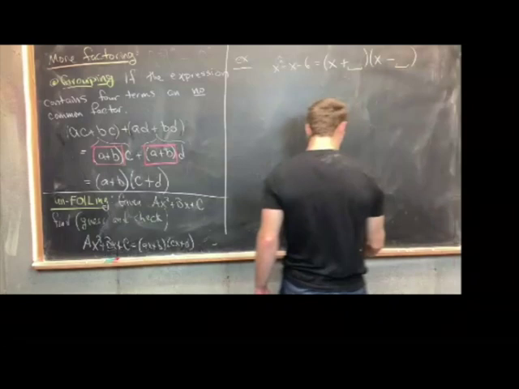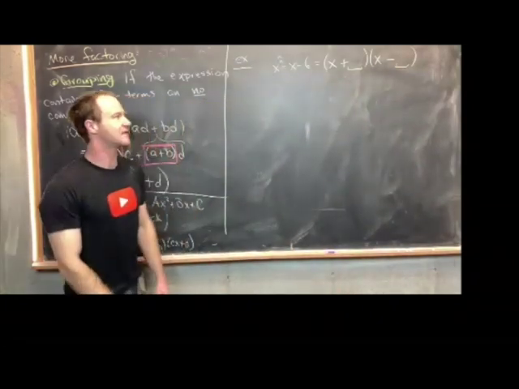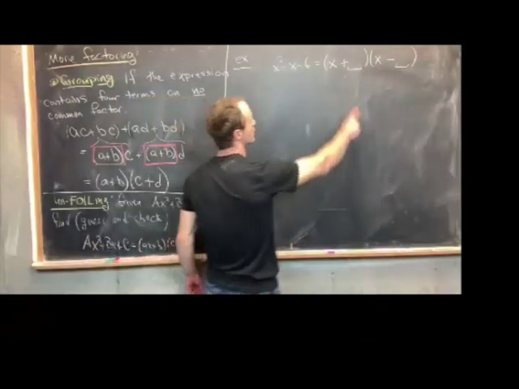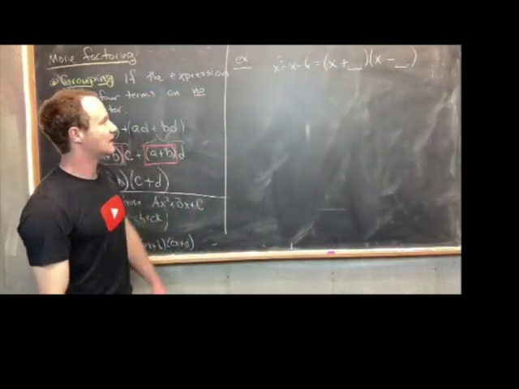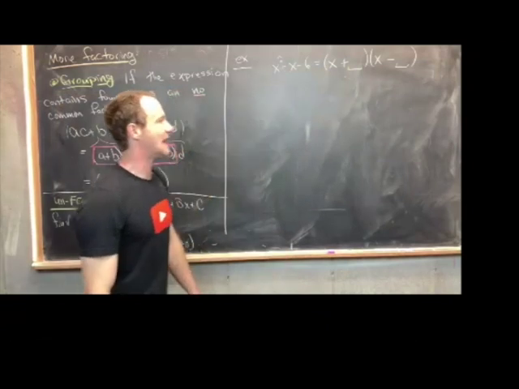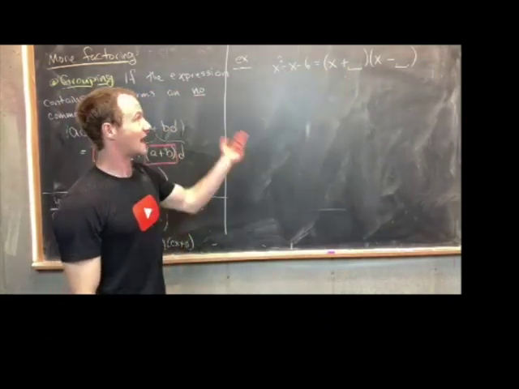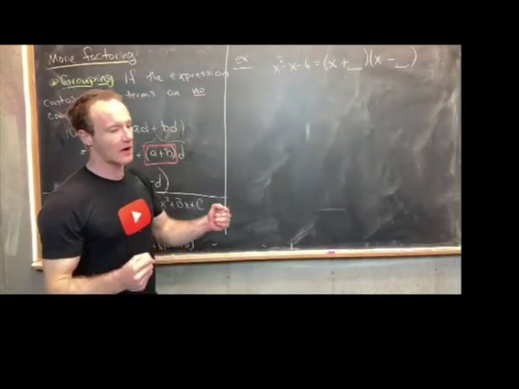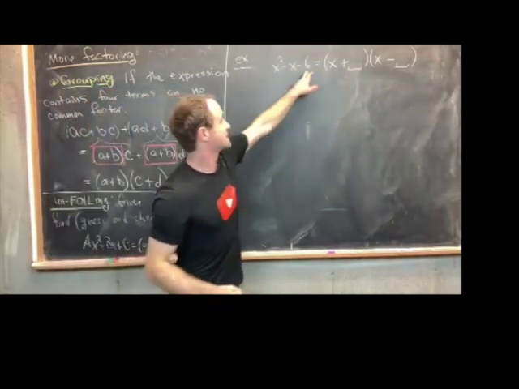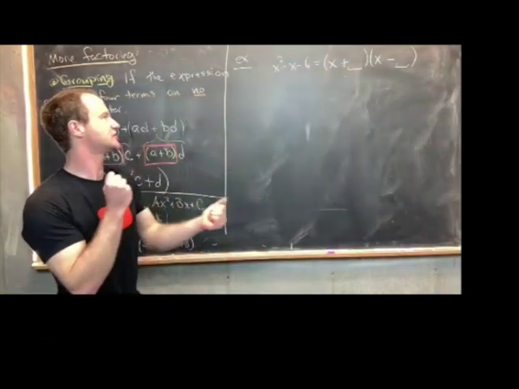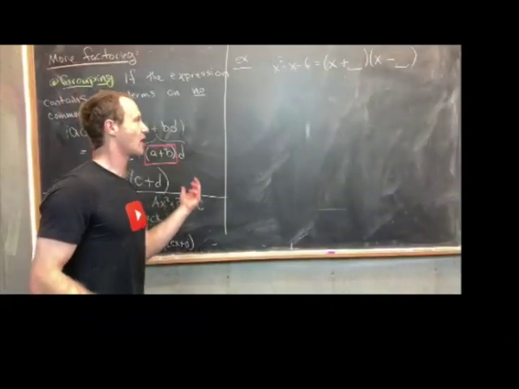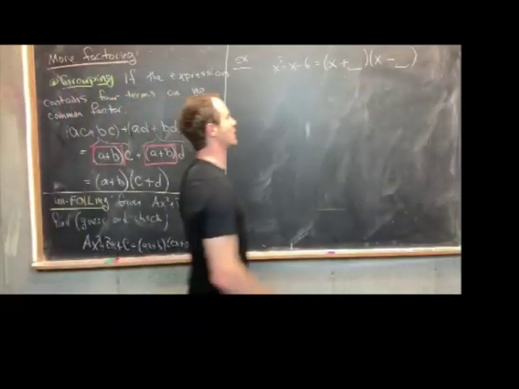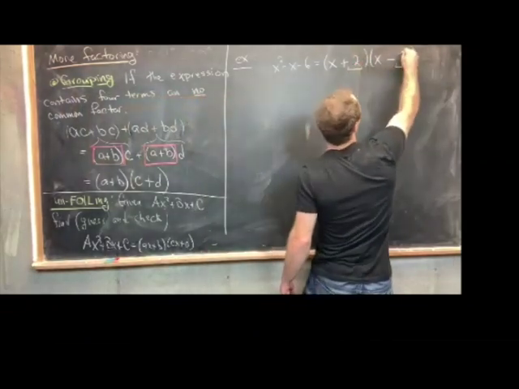Those numbers should satisfy the following rule: when we multiply them, we get -6, and when we add them, we get -1. Why is that? When you FOIL it out, the constant term is their product, but the coefficient of x is their sum. So how could you get a product of -6 and a sum of -1? Well, you could have +2 minus 3.